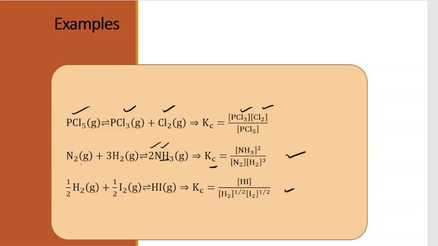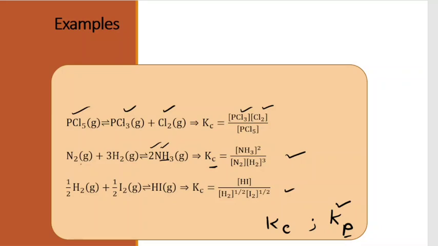Okay, now let us move to the equilibrium constant, which is expressed in a different manner. So far we expressed the Kc value in terms of molar concentration. That's the reason why we have written Kc. There is another type of equilibrium constant which is called Kp, the equilibrium constant in terms of partial pressures.